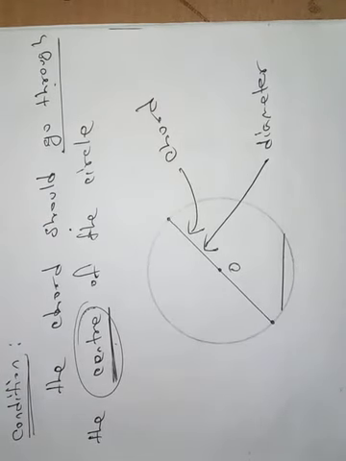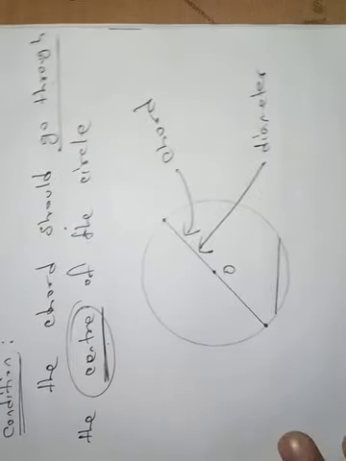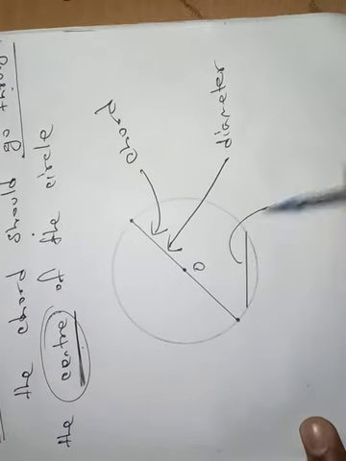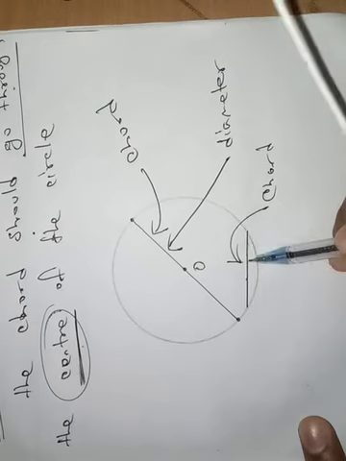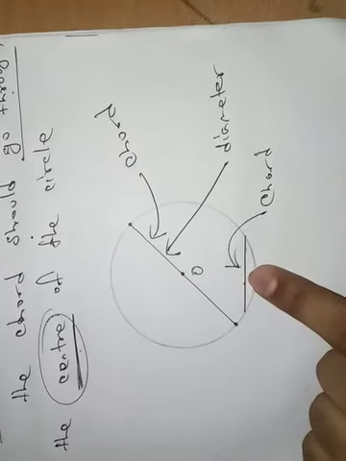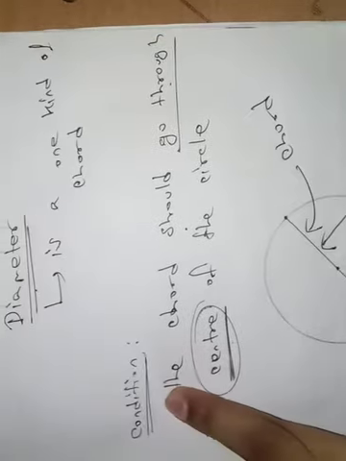Now if you notice carefully, this one is also a chord, but it's not a diameter because it's not satisfying the condition to be a diameter.